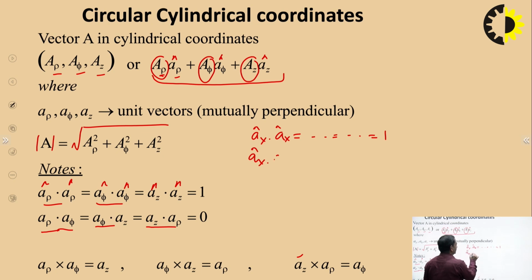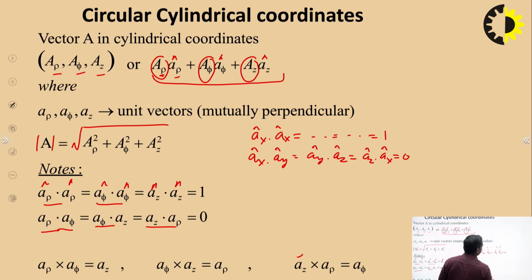Ax dot ay, ay dot az, az dot ax will be equal to 0, right? So similarly we are writing for this cylindrical coordinate system.